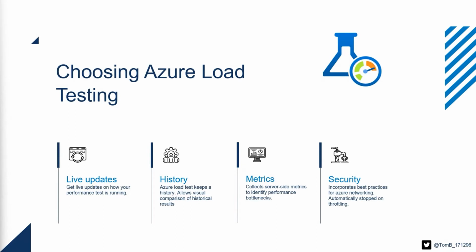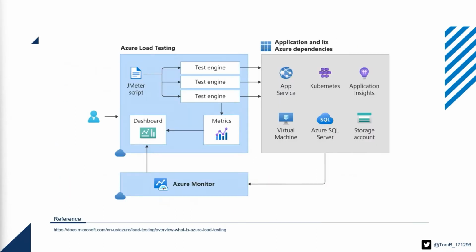So if you look at how this is done under the hood, as a user, you'll write your JMeter scripts. This can be done in a tool like JMeter itself. These are uploaded to the Azure portal. The test engine then picks up the script and starts executing the test that you defined in your script, and then collects the client-side metrics from that test run and ships them to the dashboard.